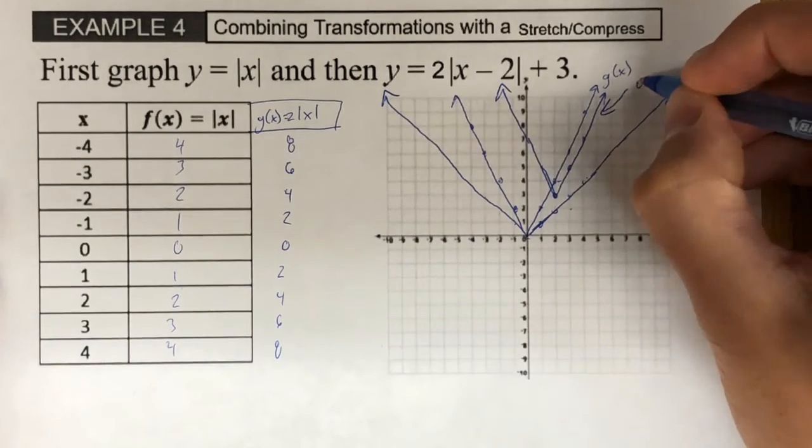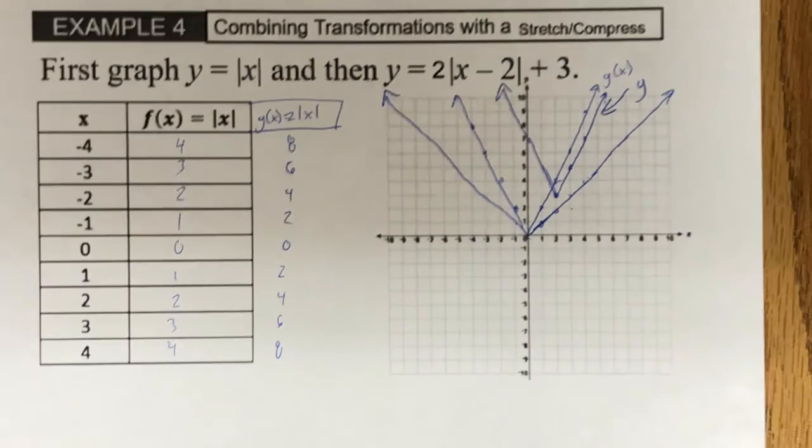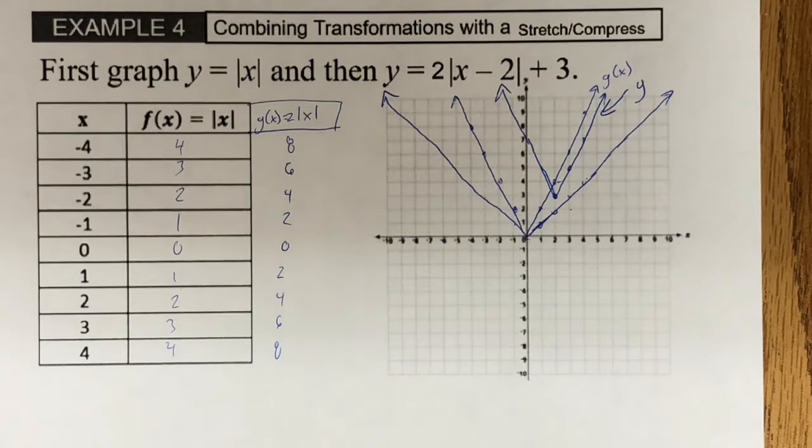So that there would be our y. So in this case, what we did was we did our stretch, or if we had a compression, we would do that. We did our stretch first, and then we performed those shifts. And that's generally how you're going to want to go about this.